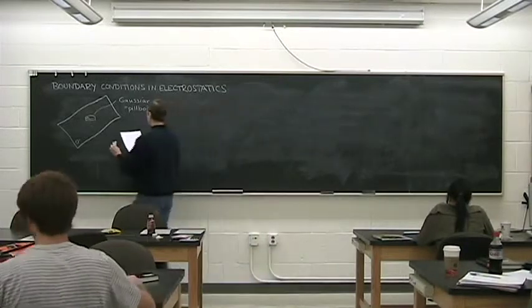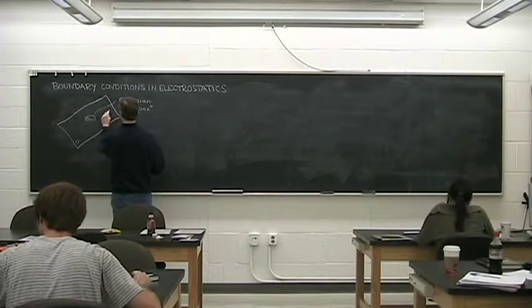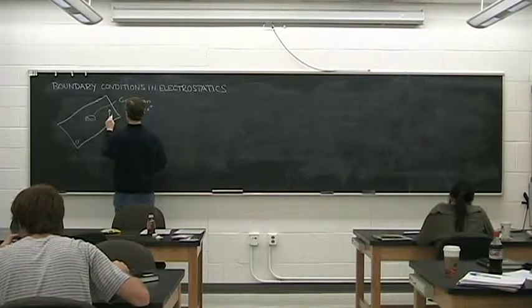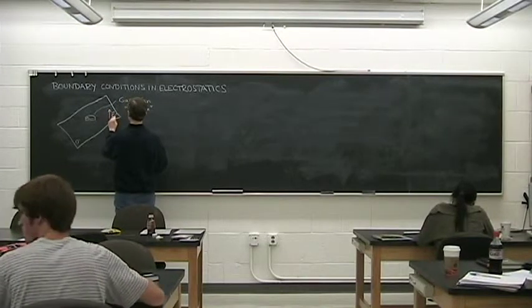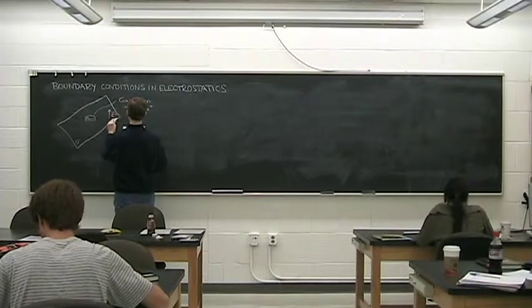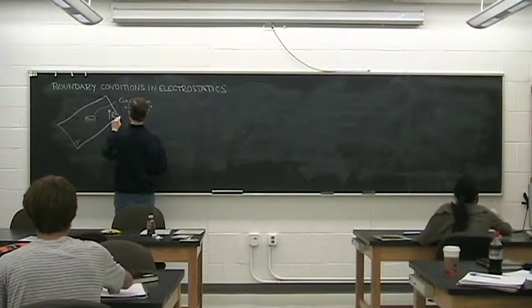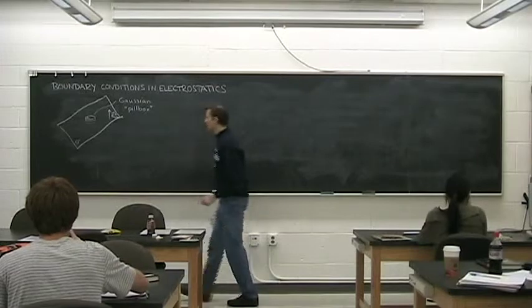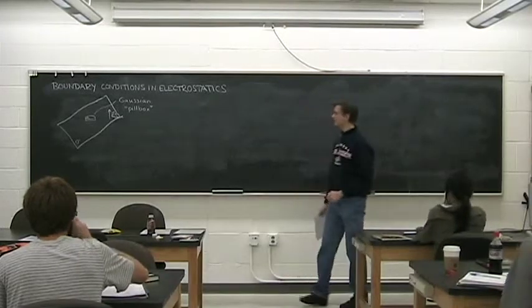And what we'll do is say we want to talk about the perpendicular component of the electric field above the surface. So I'll draw the electric field, superscript perpendicular, subscript above, hovering in space just above the surface.